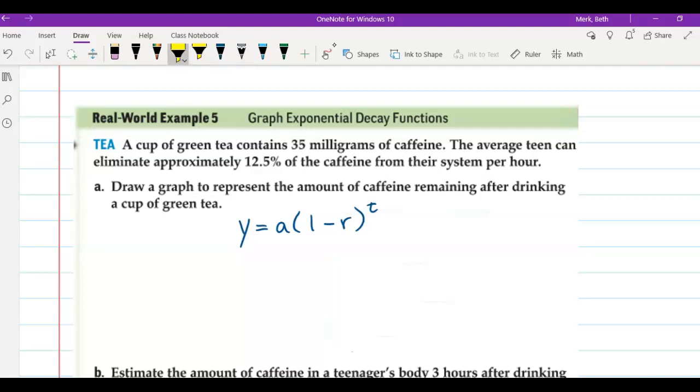We are starting with 35 milligrams. That's our initial amount. And then we're going to take away, eliminate some of that caffeine. That's our rate. So first, let's write the function. We start with 35. 1 minus, what is this as a decimal? 0.125.